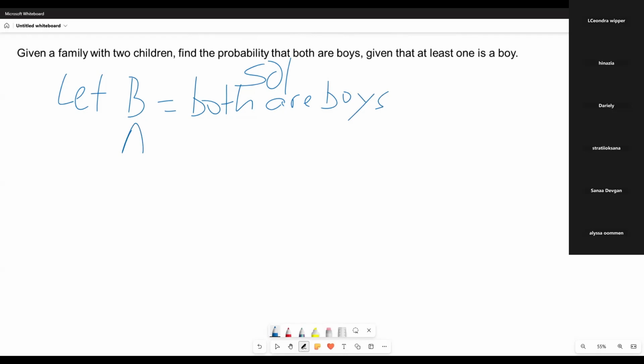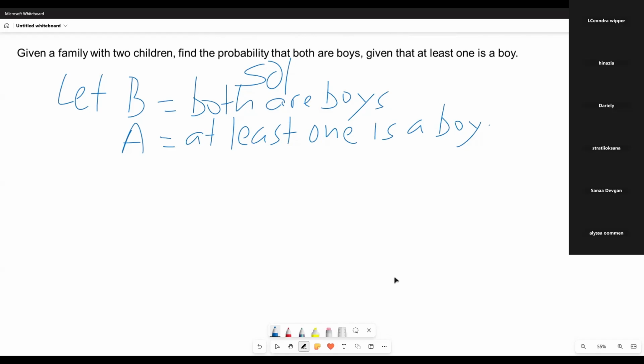And then A, let A be at least one is a boy. Okay? I'm going to replace B with both are boys and A, at least one is a boy. Is that clear? Yes.